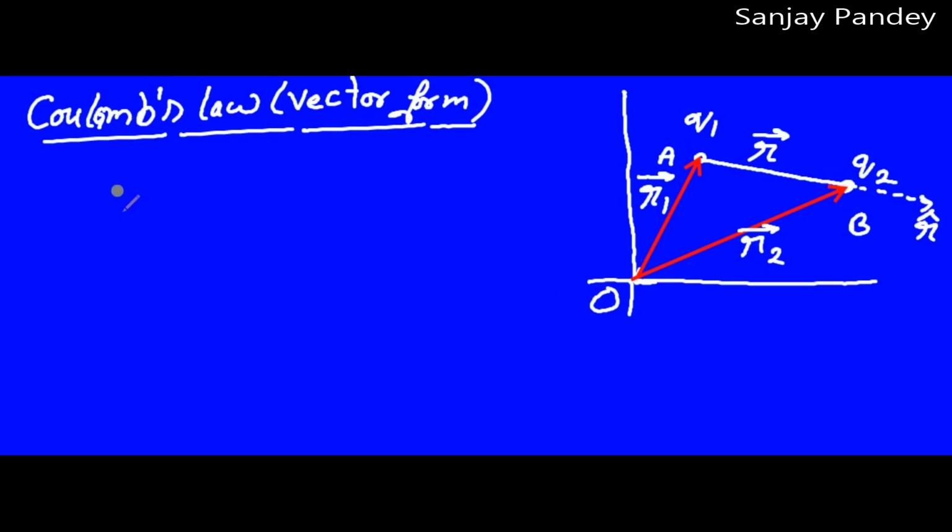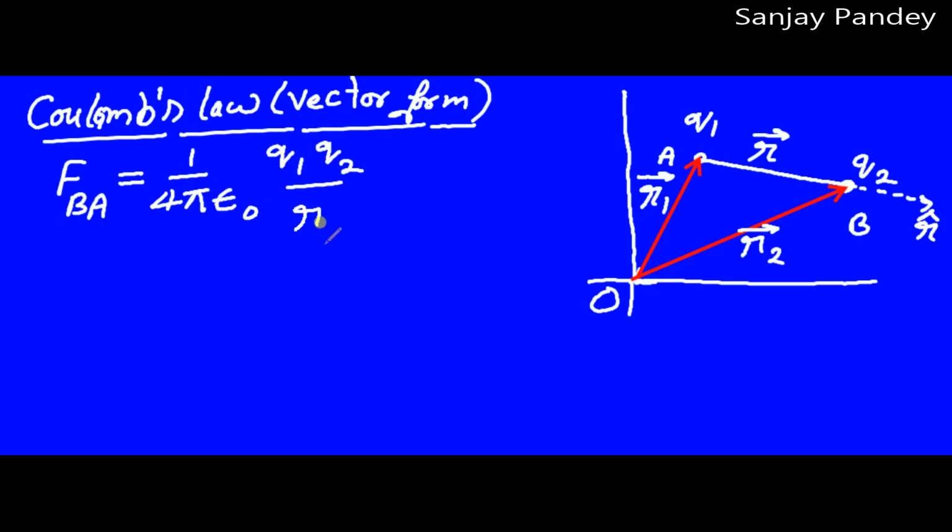The electrostatic force acting on charge B due to charge at A is F BA, which will be equal to 1 upon 4 pi epsilon naught Q1 Q2 upon r square.